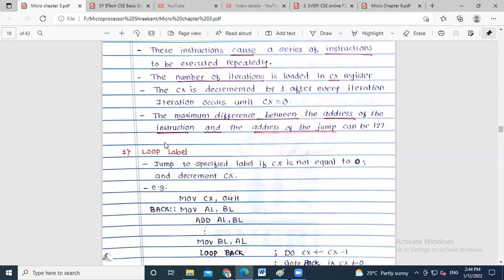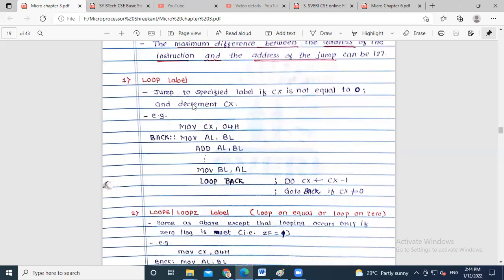The first one is LOOP label. In programming, we use loops. LOOP label jumps to the specified label, where the controller moves to a particular line for execution of the program code, until CX is equal to 0, decrementing CX each time, because finally CX has to become 0 to meet the end condition.